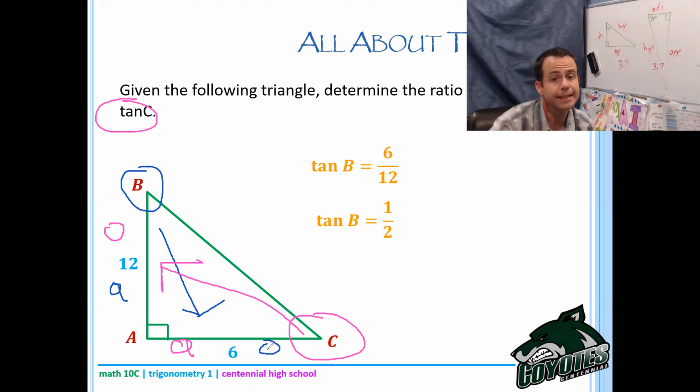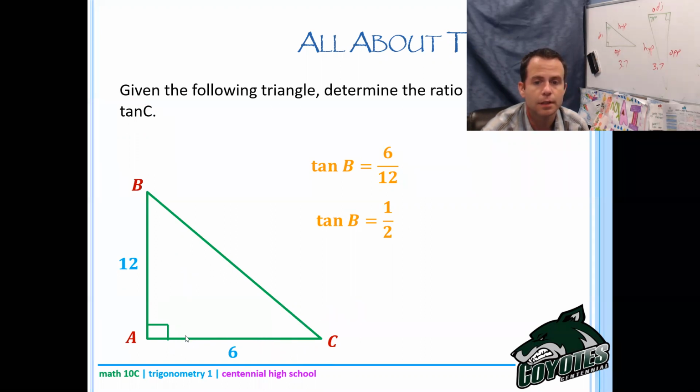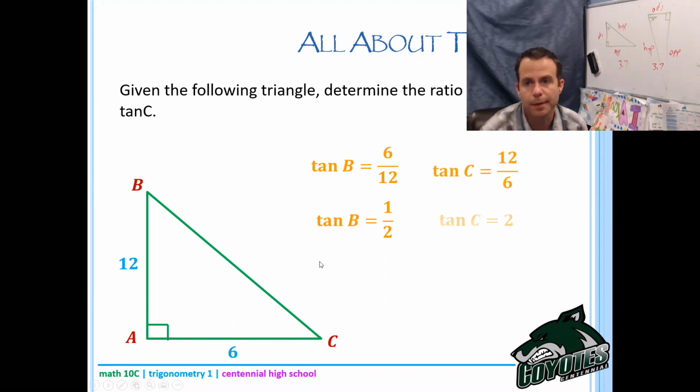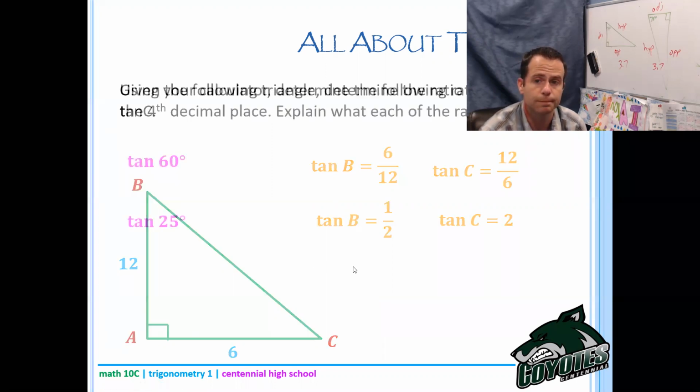So tan C is actually now going to be 12 over 6. Sorry, I got lost in my ink annotation there. Okay, so 12 over 6, and then I could just reduce that. 12 divided by 6 is 2. So tan of C is 2.